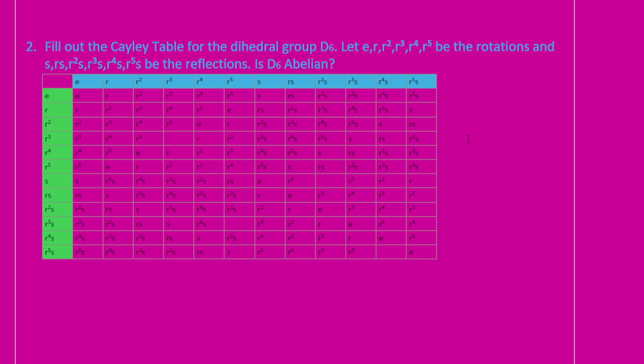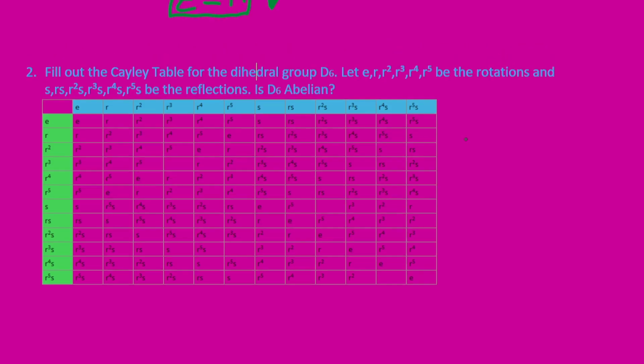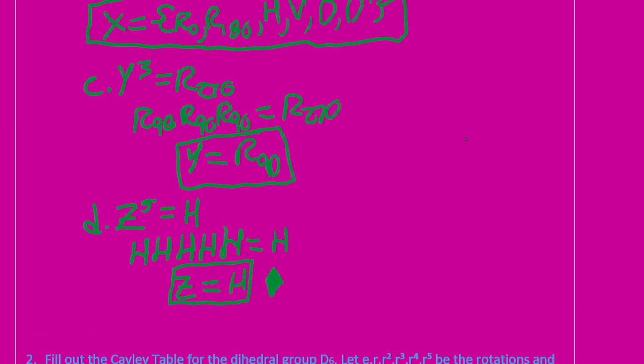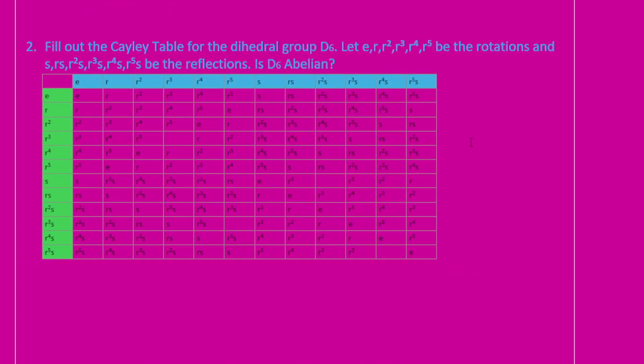The reason I've used this kind of notation for the rotations and reflections is that, depending on which textbook or problems you were using, this notation is sometimes used instead of, like for D4, a rotation of 0 degrees, rotation of 180, and then horizontal, vertical, and everything like that.